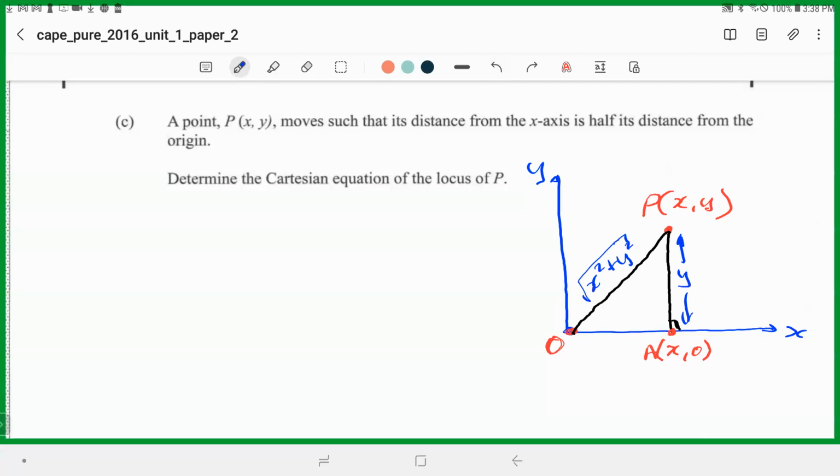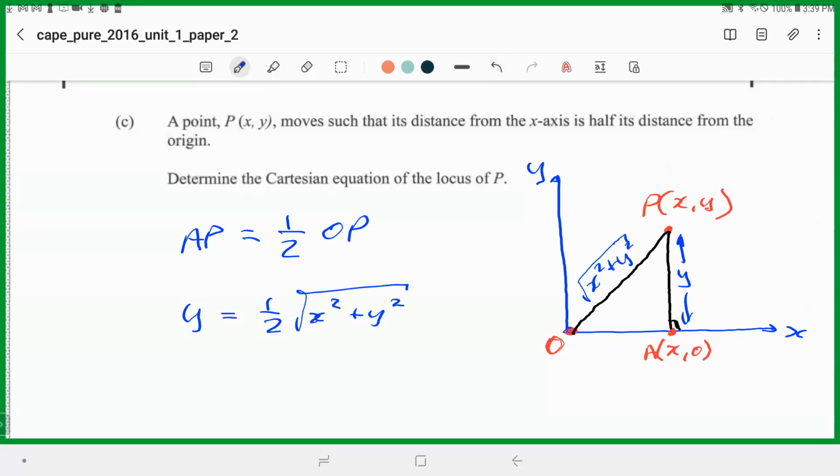Now let's put in what they say. The distance from the x-axis, which is AP, is half the distance from the origin, which is OP. Distance AP is just y, and it is half the square root of x squared plus y squared.